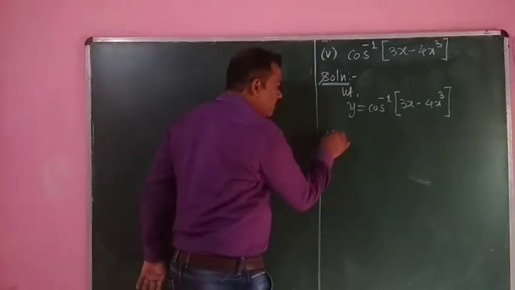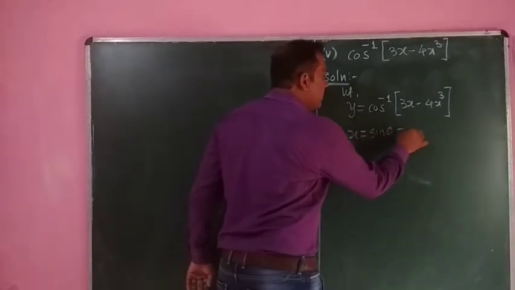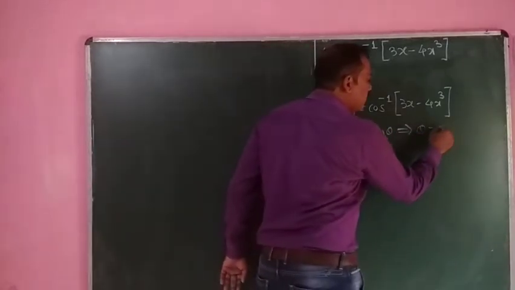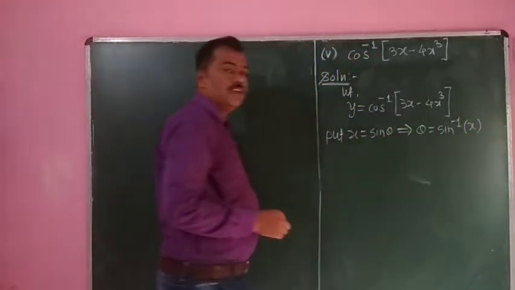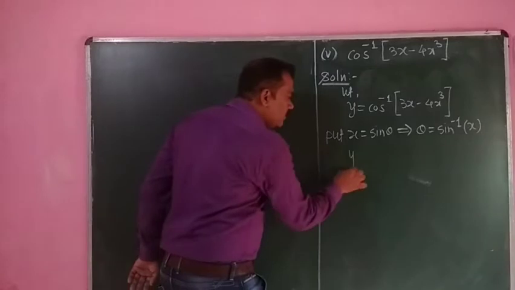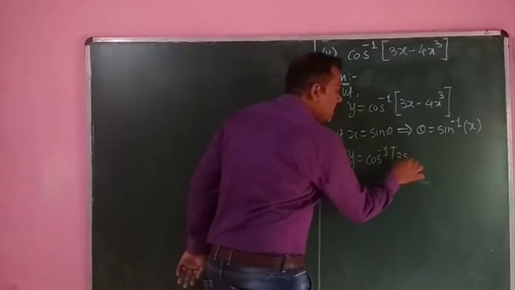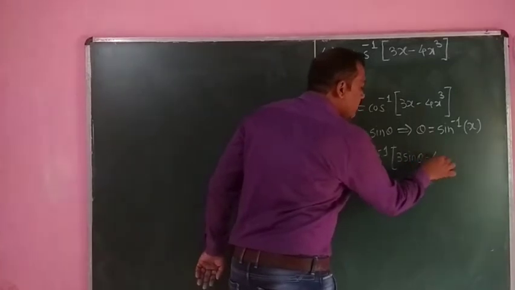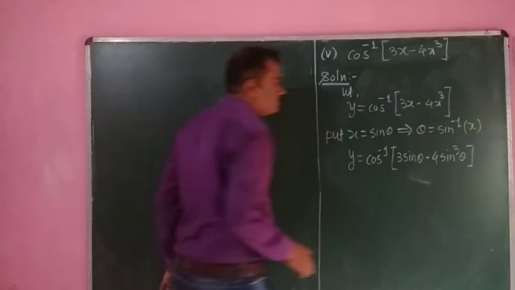We put x is equal to sin theta, which implies that theta is equal to sin inverse of x. So we get y is equal to cos inverse of 3 times sin theta minus 4 times sin cube theta.